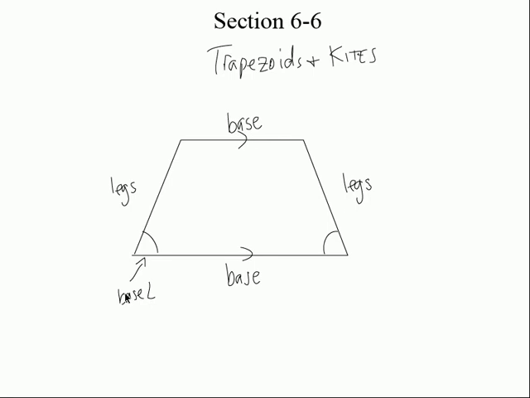Actually, let's wait on the base angles for the next one. This is just a regular old generic trapezoid, nothing special about it. All I'm looking for is the definition: exactly one pair of opposite sides are parallel to each other, which means the other pair of sides are not parallel.